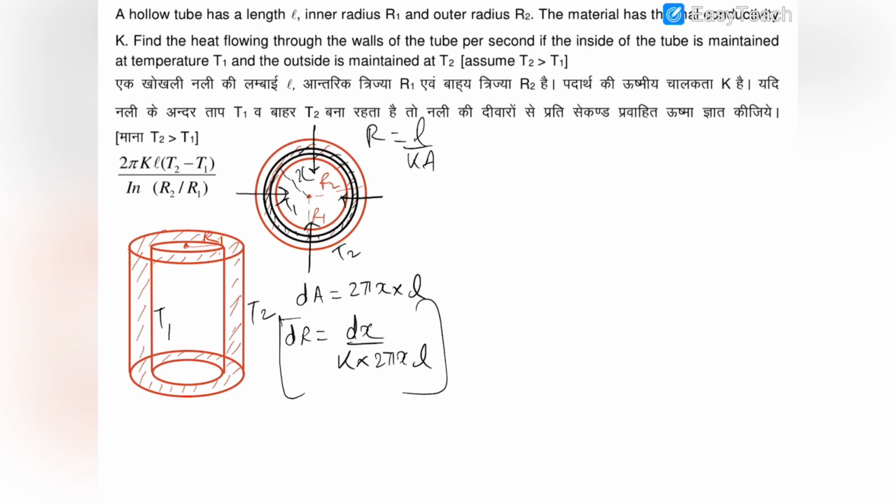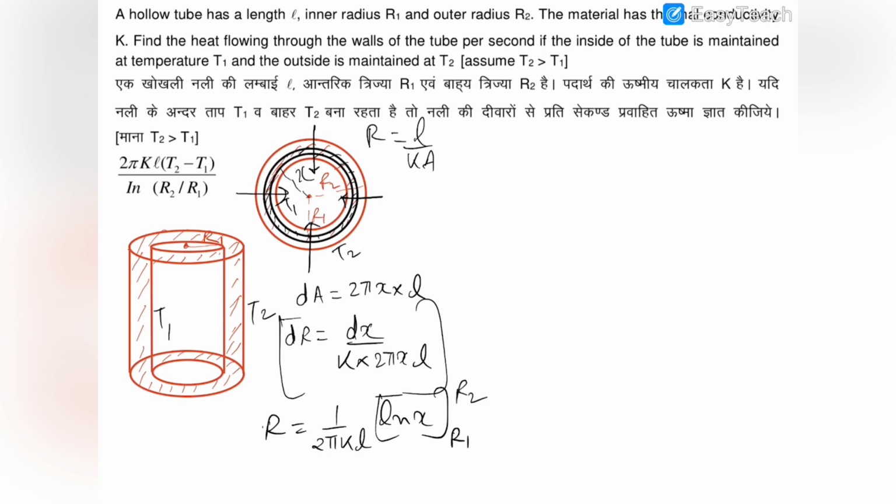So heat is flowing from this part in this direction, therefore this length is dx, and the area is 2 pi xL, and K is the thermal conductivity. So the total resistance R will be equal to 1 upon 2 pi K L ln x, and the limit of this would be from R1 to R2.